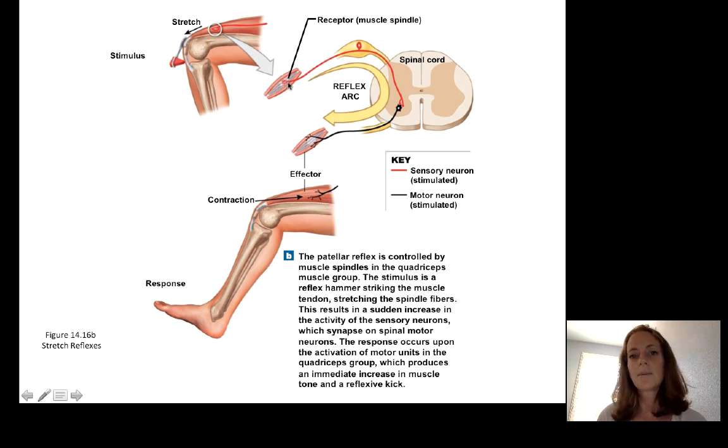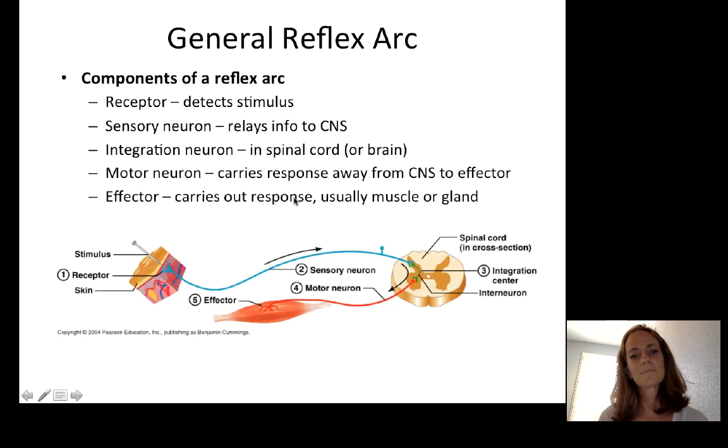That stretch receptor goes through the dorsal horn of the spinal cord and then immediately synapses on and activates a motor neuron that causes contraction of the quadricep muscle. And that causes you to kick your knee out, and then you can test that that pathway is intact.